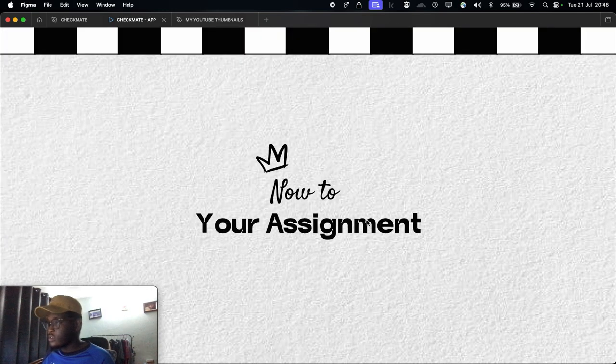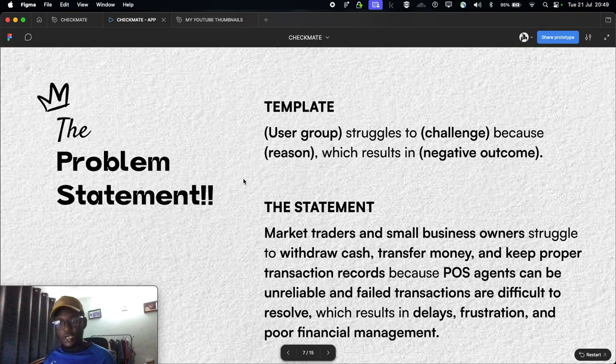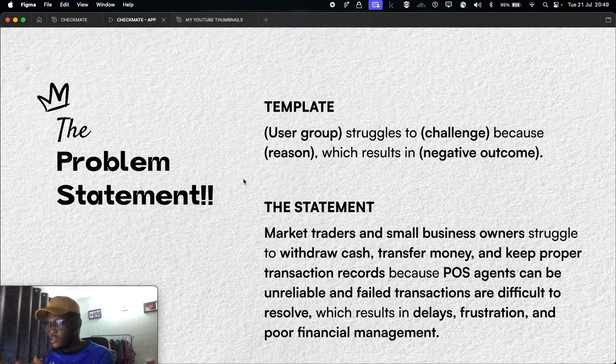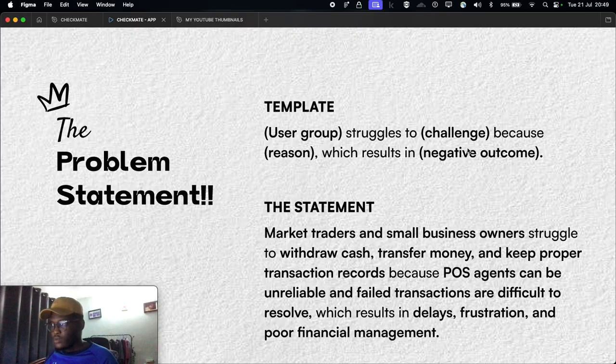I'll go back to this. Define the problem. This is the problem statement, right? And this is the template. So in our brief now, you use this template. What are the users? What is their challenge? What is the reason? What does it result in? Right? Write that down. That's all I want you to do.